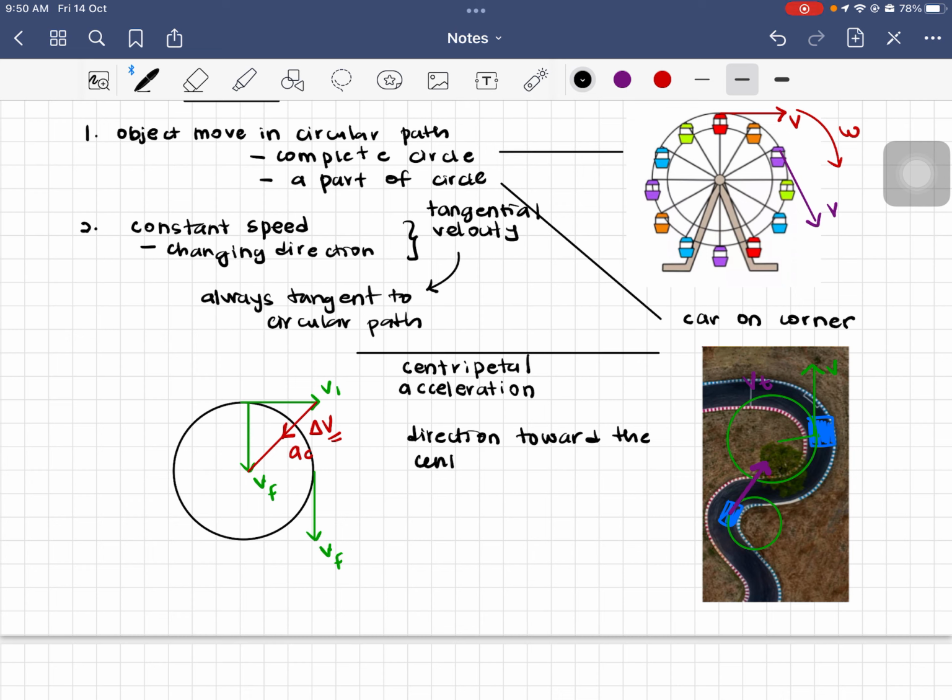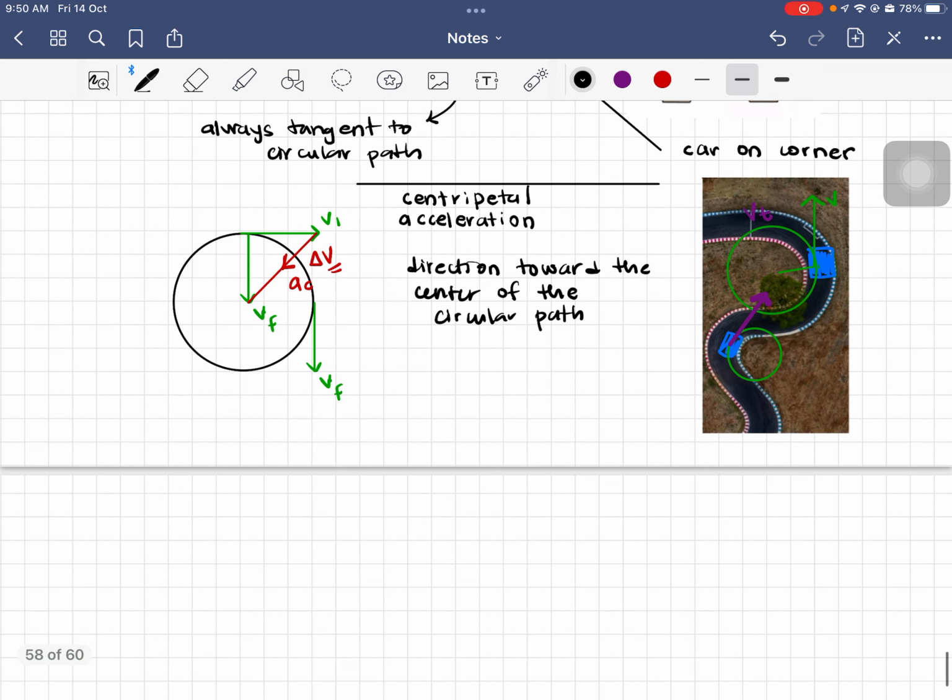Itu syarat dia. Circular path. Okay. Alright. Now, this acceleration kita panggil sebagai centripetal acceleration. Simbol dia adalah AC. Unit dia adalah meter per second square.